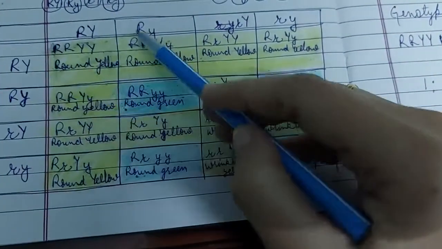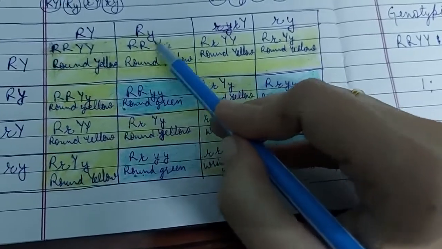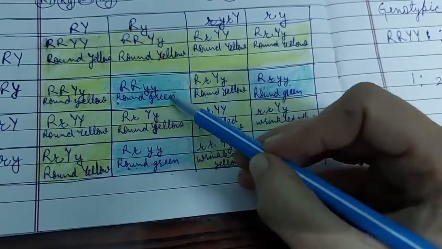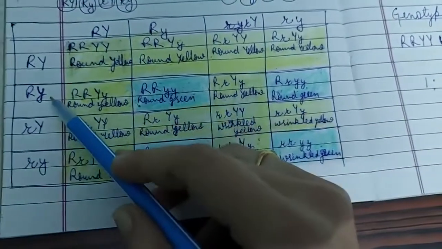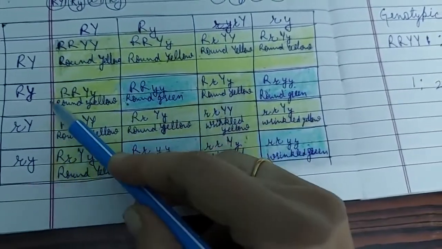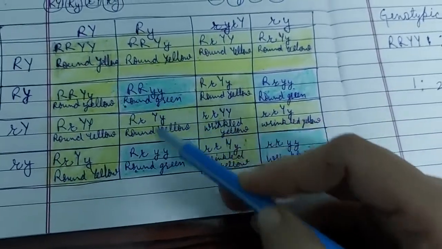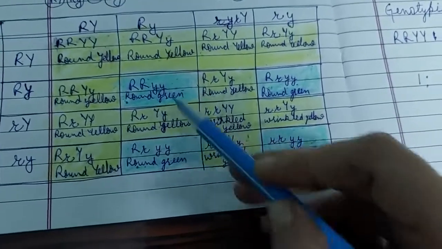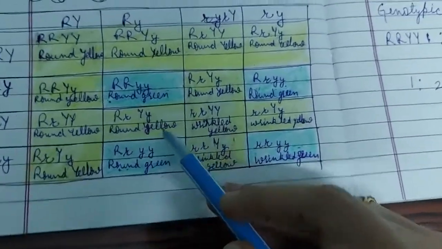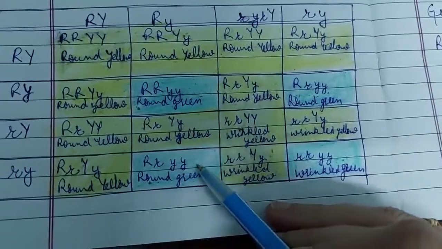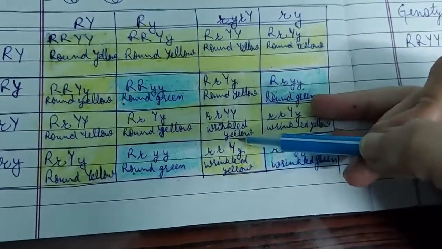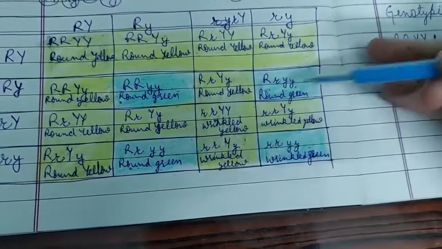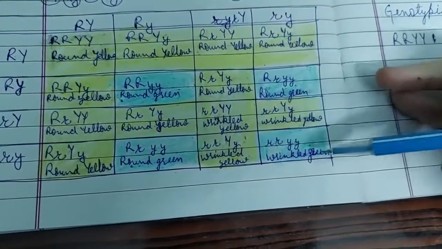Capital R capital Y, capital R small y, and the result here changes. We got two green here because these have no capital yellow gene; the dominant gene is not there. So there is no yellow color, and we got two green.